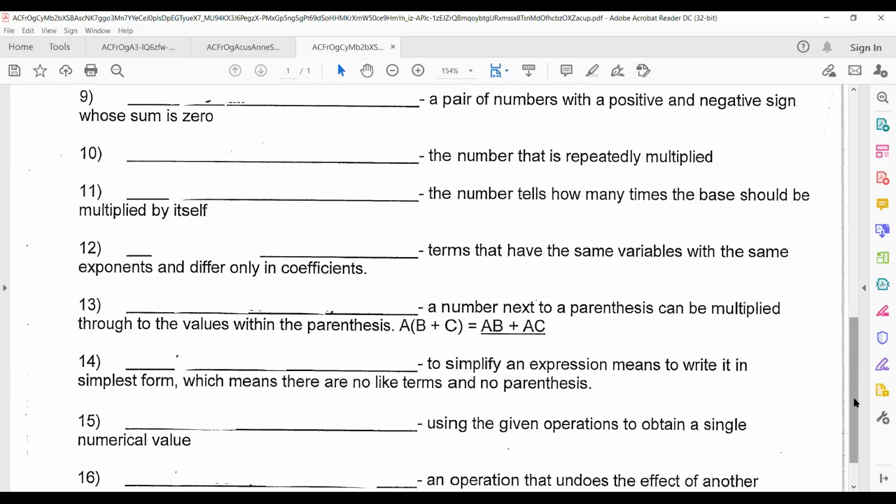Because when we have numbers, if I have 6 times the quantity 4 plus 3, you can do the distributive property, but you don't need to. Anybody remember PEMDAS?